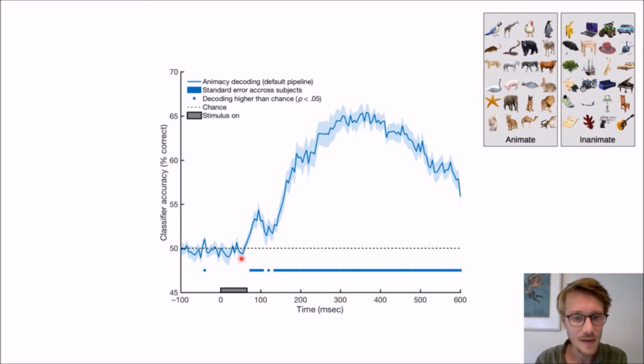But very rapidly after stimulus onset, there seems to be some difference, although not very clear, because classifier accuracy does not exceed 55%. Then it dips down a bit, and for the remainder of the epoch, it's definitely above chance. So there's definitely a distinction between animate and inanimate objects. And that's really the strength of time-resolved MVPA, which you can do with MEG.